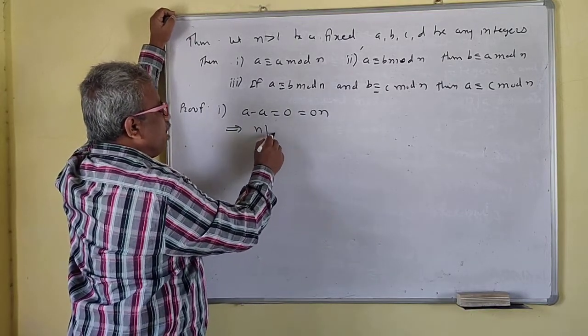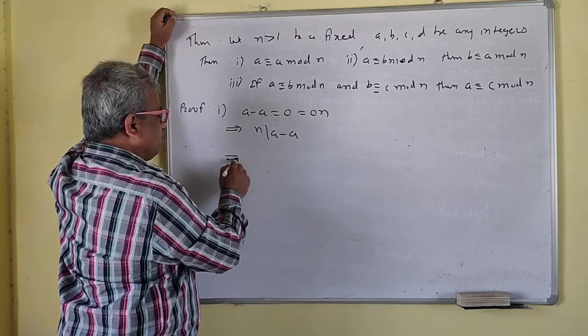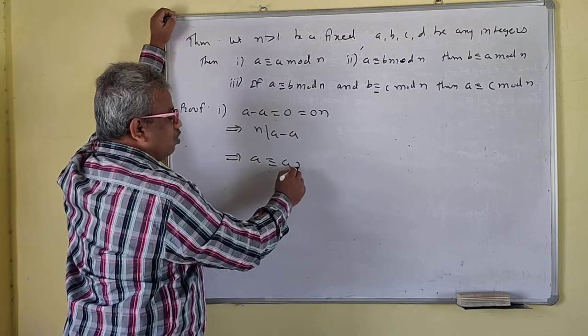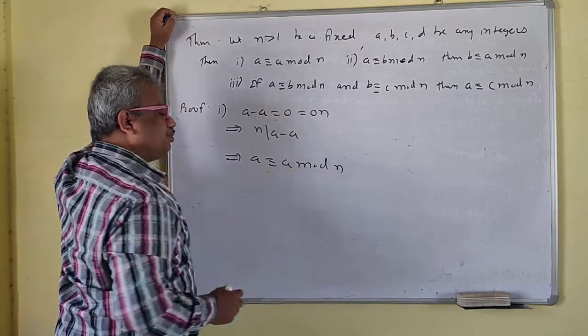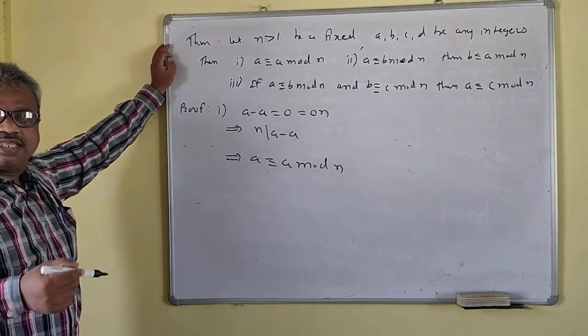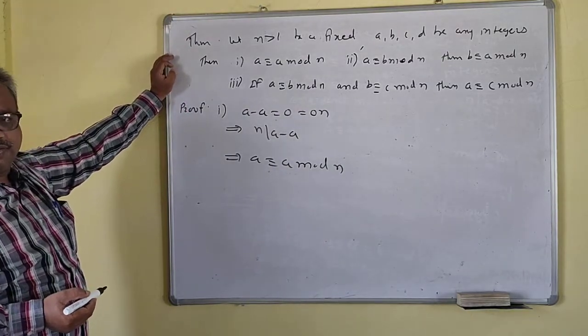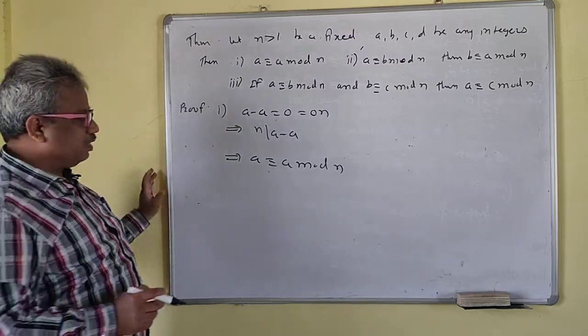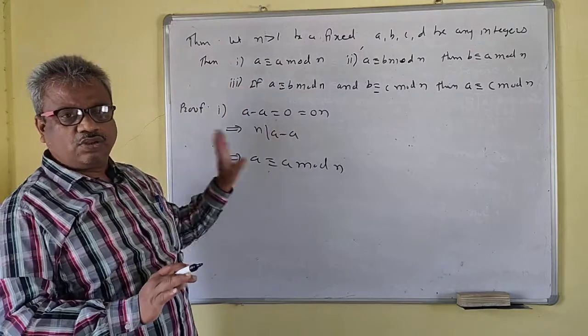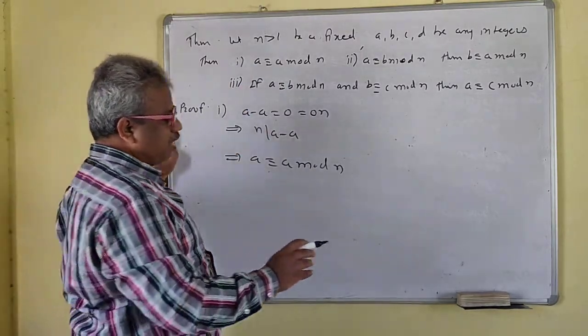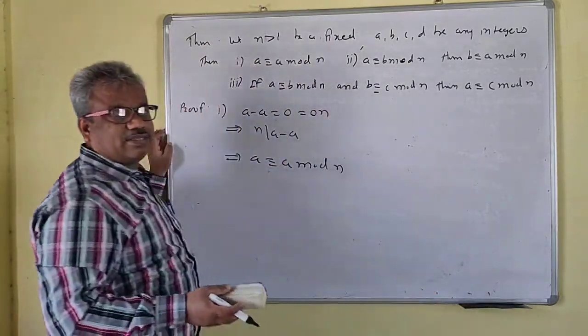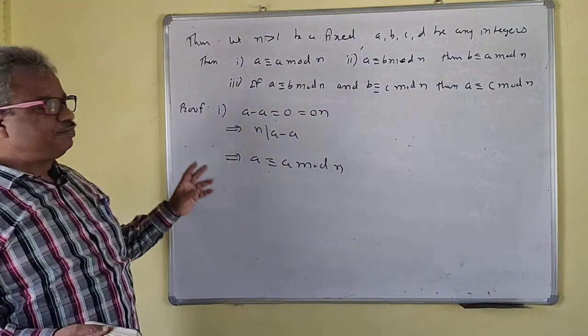That means n divides a minus a. So this implies that a is congruent to a mod n. So we write that the relation is reflexive. If they ask like this, then you have to prove this one.